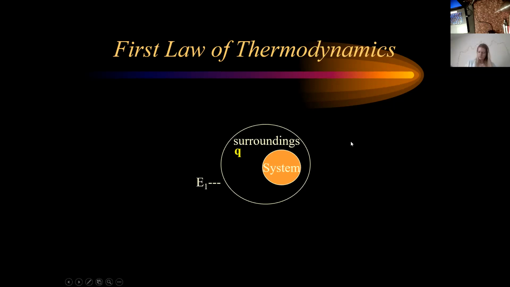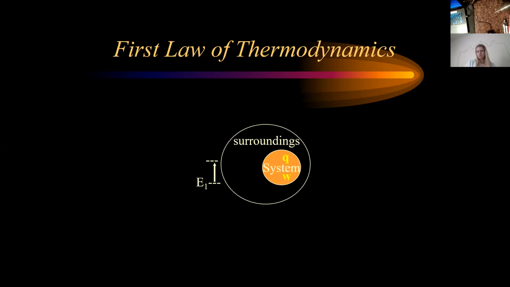So if I'm putting energy from the surroundings into the system, I can put it in the form of heat. Now remember, heat going in makes the energy go up. It's a positive flow when heat's going in. The other way I can put energy in the system is in the form of work. I can do work on the system to make that happen.